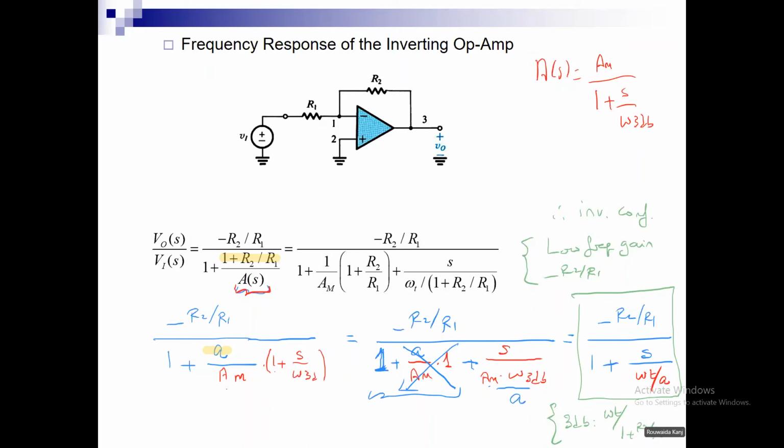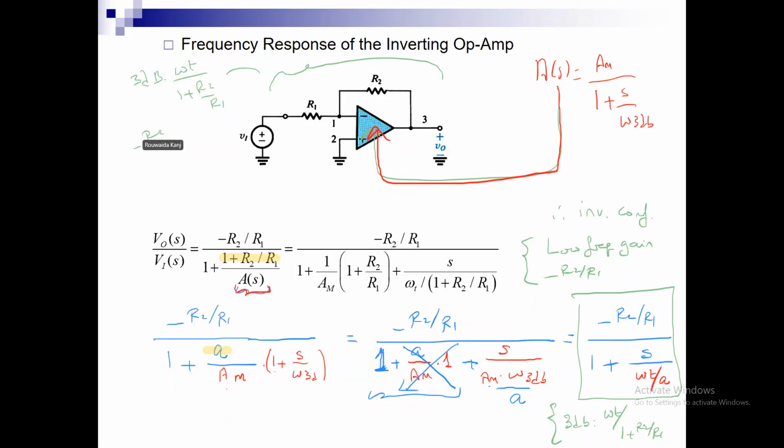So I know AM and omega 3 dB for the open loop, and the whole system from V in to V out will have a 3 dB frequency of omega T over 1 plus R2 over R1 and a low frequency gain of minus R2 over R1. This is what we want to make sure you got and are comfortable with. Is this clear?